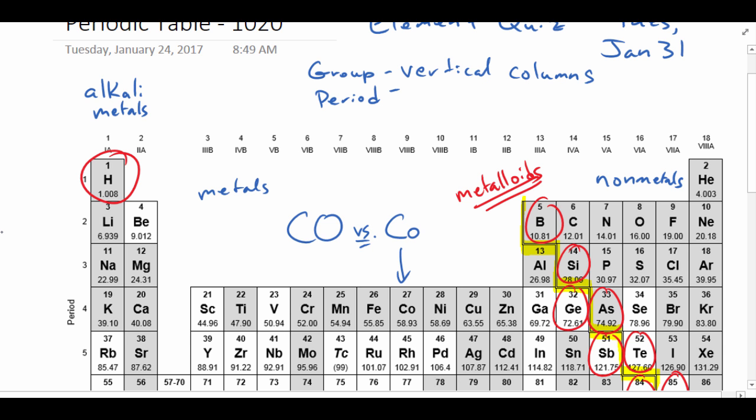It's not a metal, it is a nonmetal. So alkali metals actually begin with lithium and go on down from there. The elements of group 2 are called the alkaline earth metals.